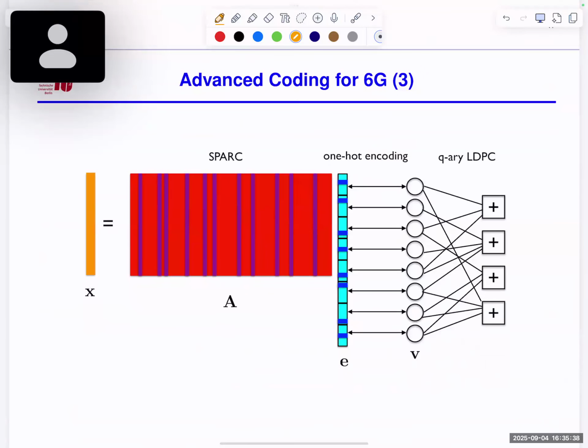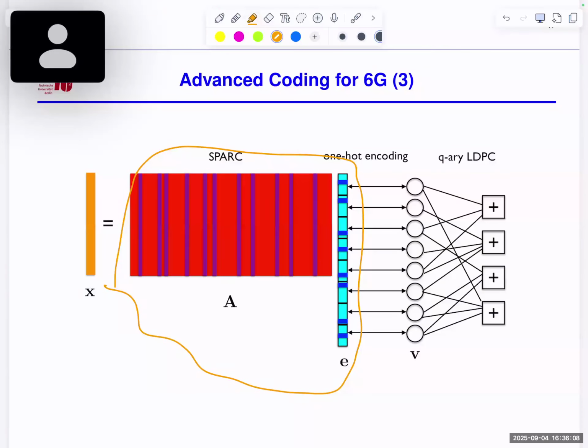There is a random matrix, and then there is a non-binary LDPC. Then the non-binary symbols are encoded into so-called one-hot symbols, so vectors of all zeros and a single one, and these select the columns of this matrix. This part alone is the so-called sparse superposition codes invented by Barron and Joseph, which probably achieve capacity under maximum likelihood and also under decoding, but then people found a way of concatenating LDPCs in this way.